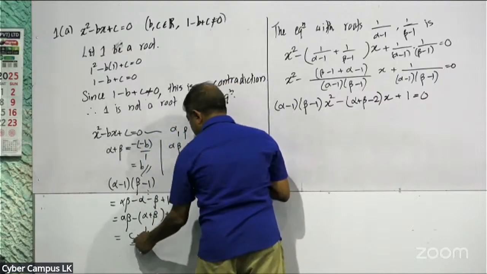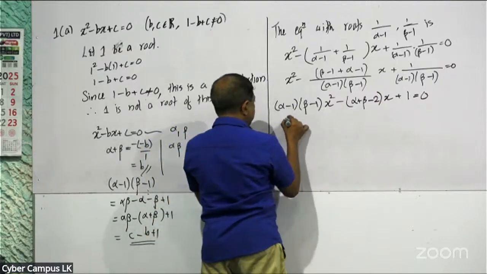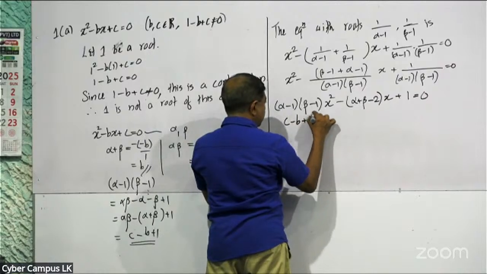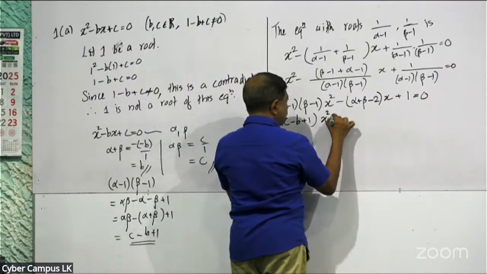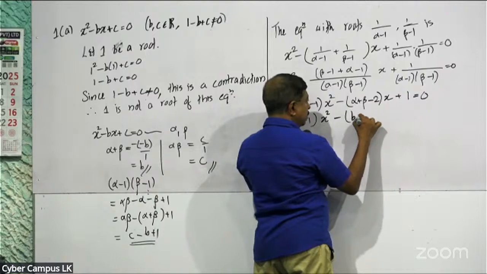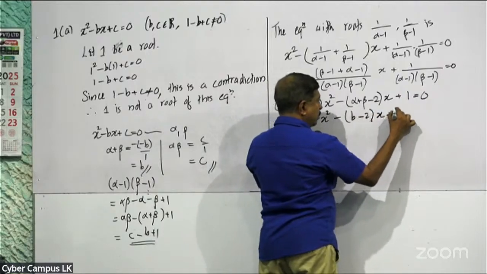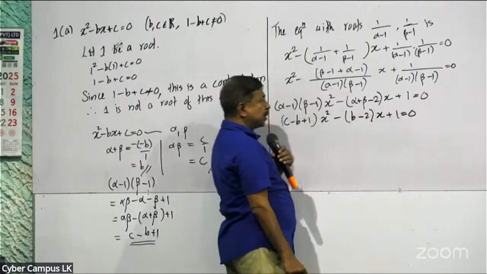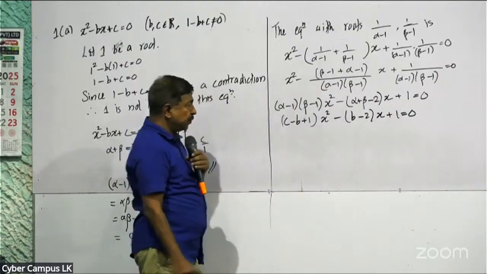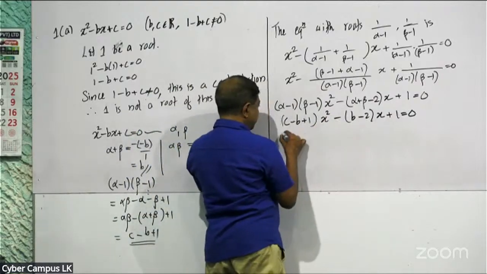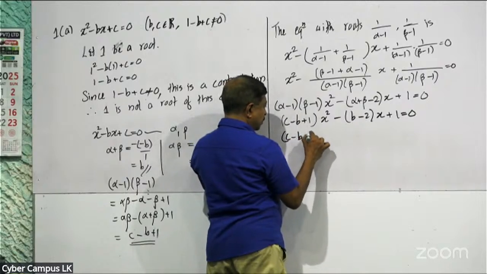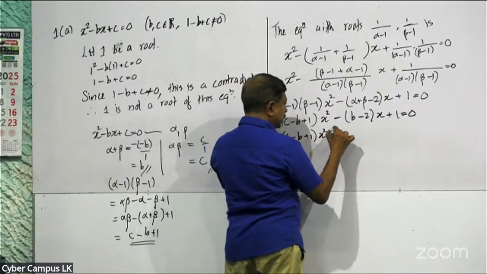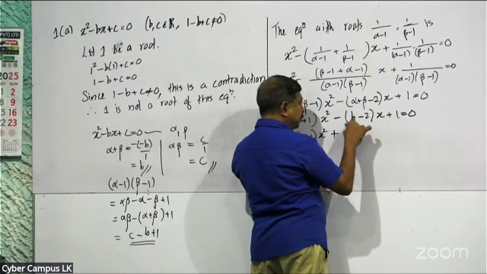It is C minus B plus 1. This is B. If you compare the form that you need to prove, there you have a positive sign, so pull out another minus sign from this. So this will be 2, this will be minus B.